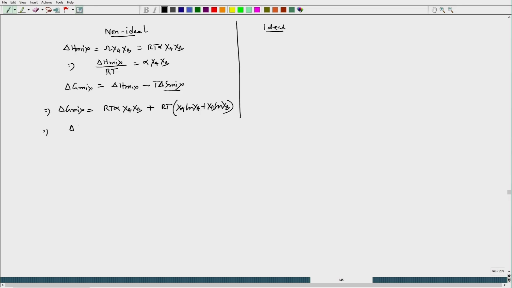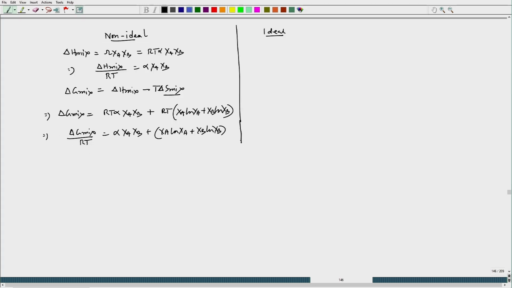So, we can write delta Gmix by RT equal to alpha XA XB plus XA ln XA plus XB ln XB.